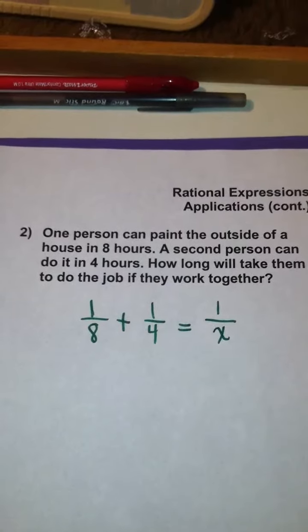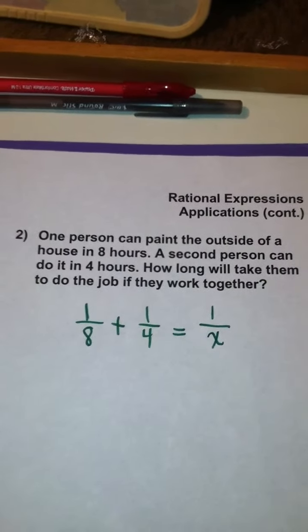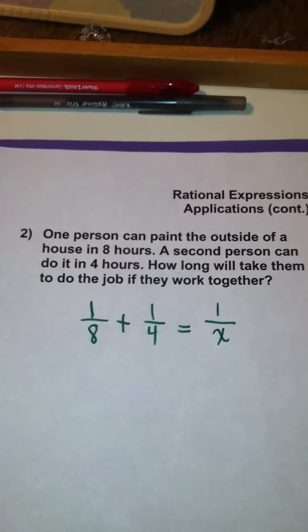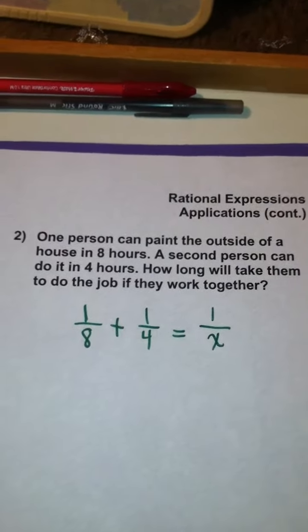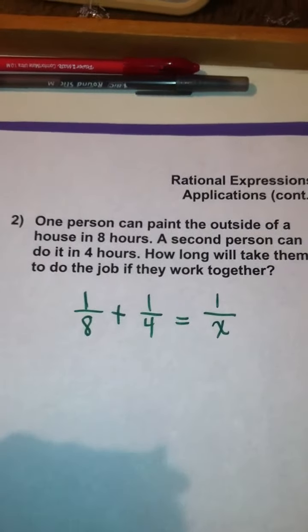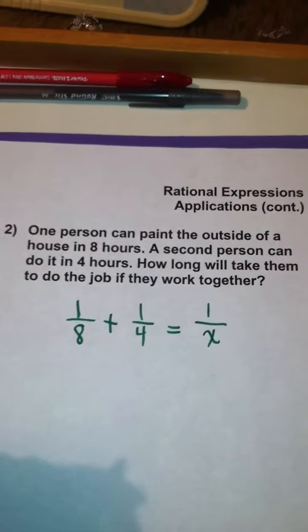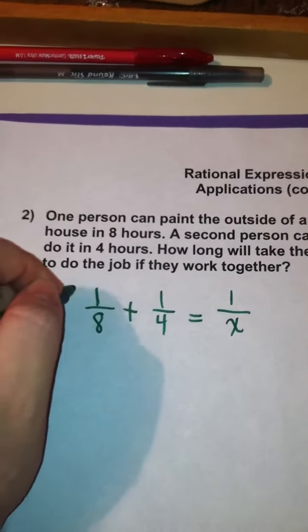Now we have a rational equation that we can solve. The first step is to find the least common denominator. The LCD among these three denominators is 8x. Next step, multiply each part by 8x.